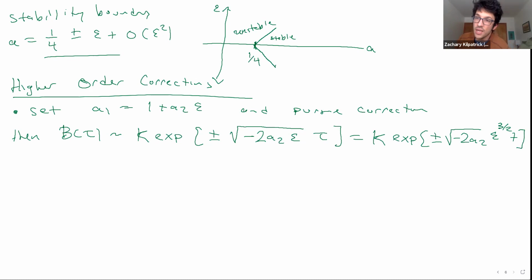So what that should tell me is if I'm going to search for the stability boundary at A2, that's going to be relevant at this fractional time scale, epsilon to the 3/2 t. So that's where I need to be looking in order to find out something about A2. So we're going to use sigma equals epsilon to the 3/2 t as our time scale.